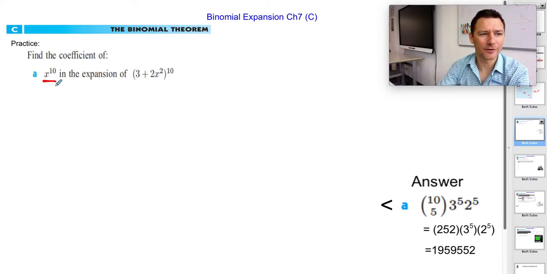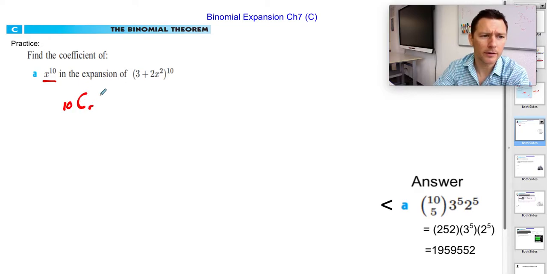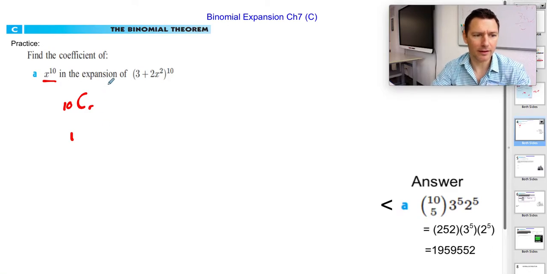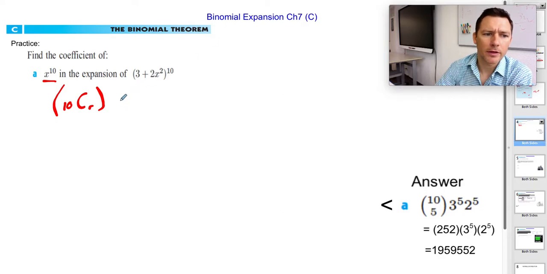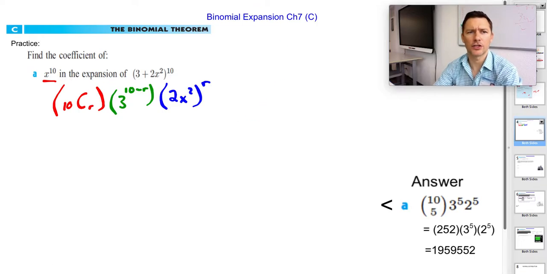So we want to find the coefficient of x to the 10th in this expansion. I know this is going to look like 10 choose r, or you could write it in that vertical style, but I like this better because it helps me remember. I know that I've got 3's that are starting at 10 and decreasing every r, and I've got 2x squareds that are starting at 0 and increasing by r each time.